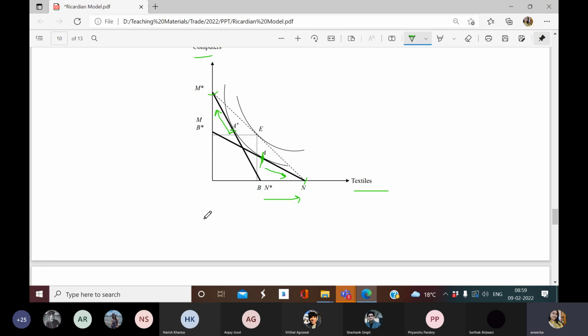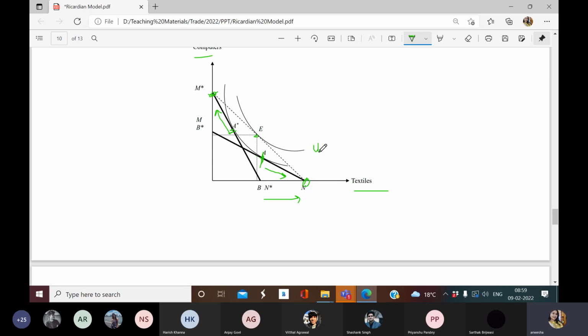So what will happen when the countries are completely specialized? M star is the point of production of computers by the foreign country, and N is the point of production of textile in the home country. Your new price line is given by M star N, and you have a CIC.